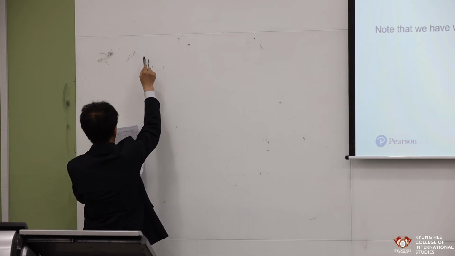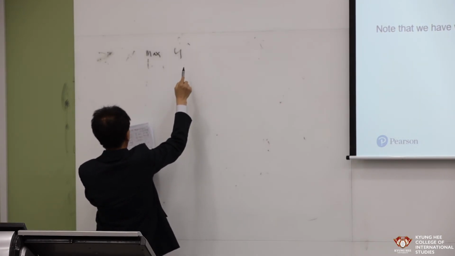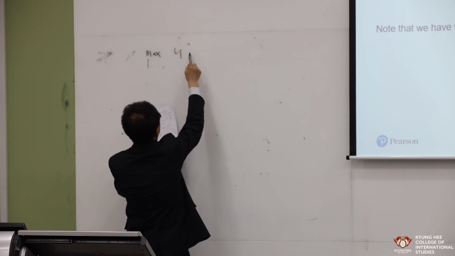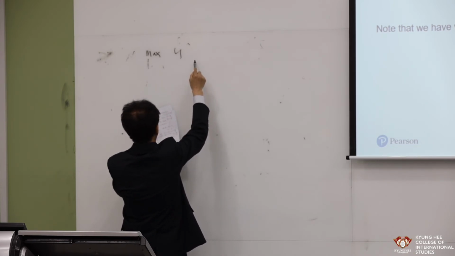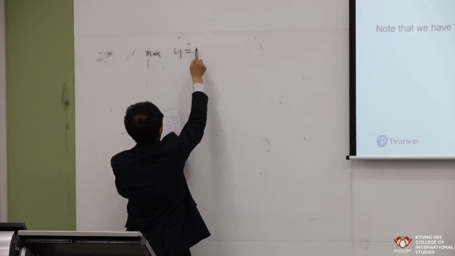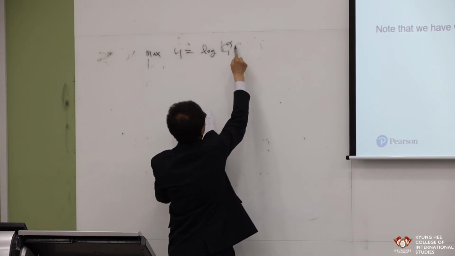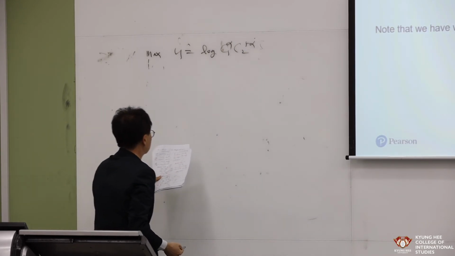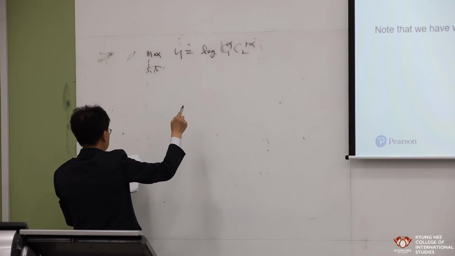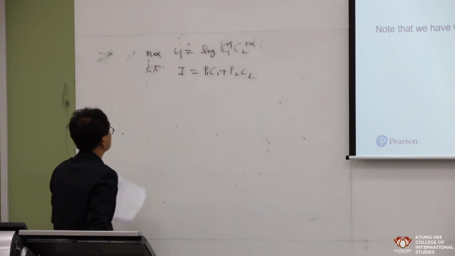So for example, the utility function is log C1 alpha, C2 1 minus alpha, subject to the budget constraint I equals P1C1 plus P2C2, like this.